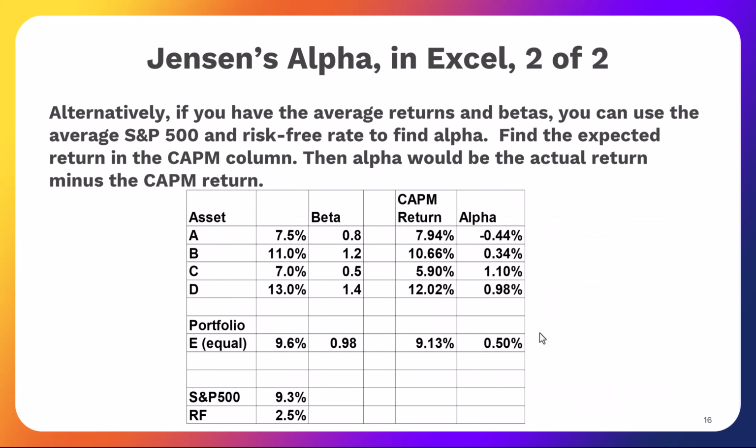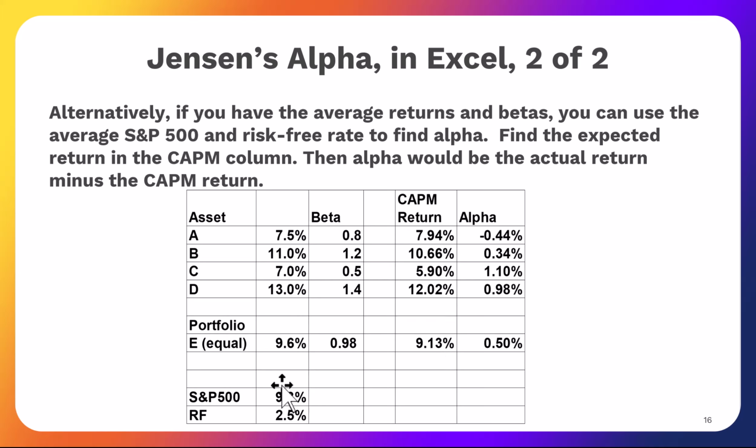So again, let's put this into some other real-life situations. We have 4 portfolios or 4 assets, and then we have a portfolio that is equally distributed across those 4. Here are the betas, and here's what the capital asset pricing model says we should earn if we bought this investment.